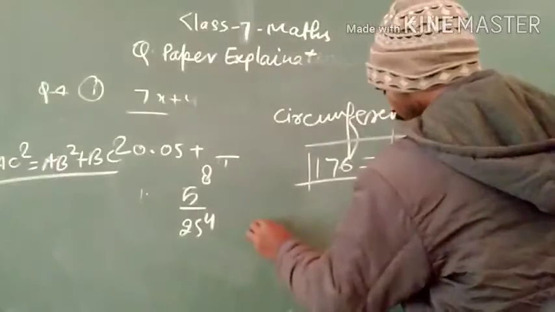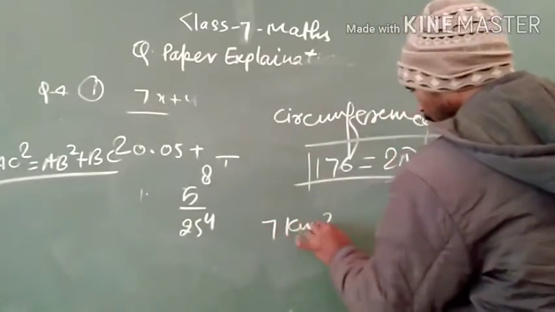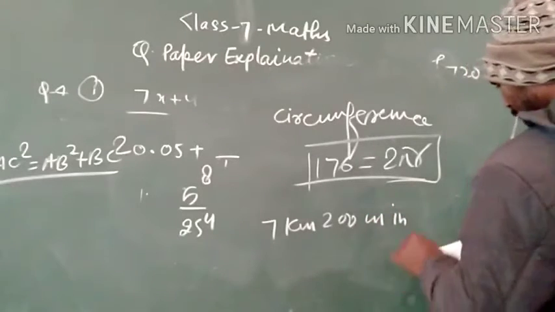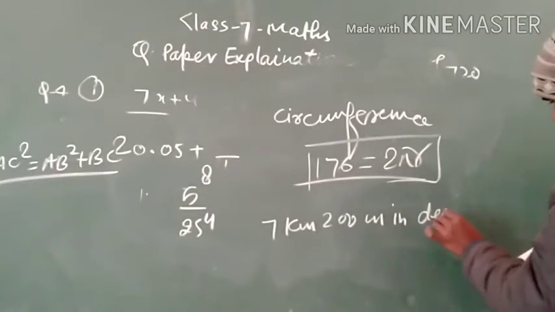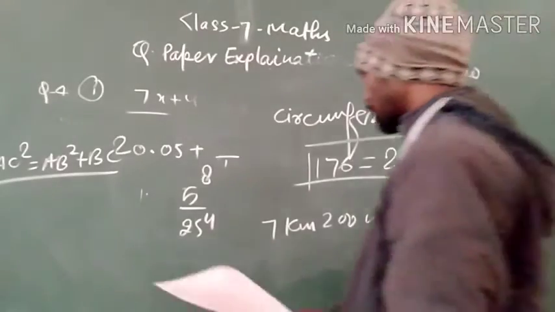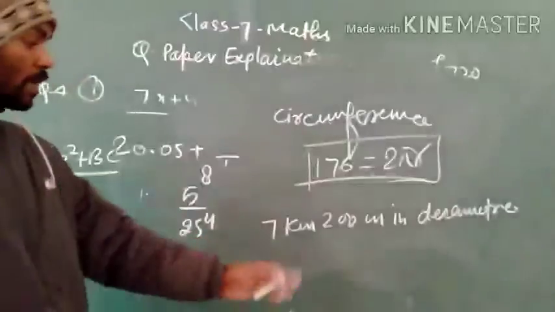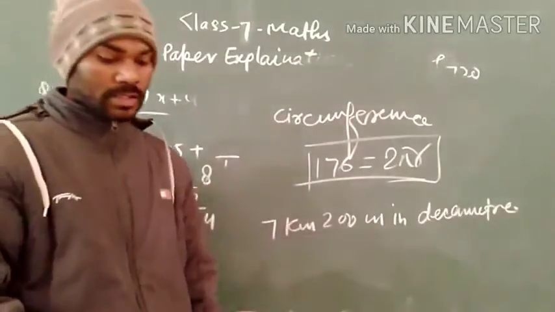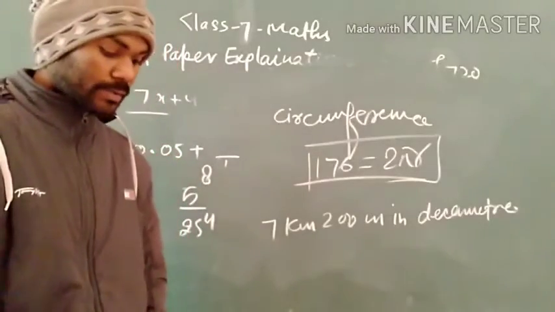You have to convert 7 kilometer 200 meter into decameter. I hope that you can solve this. Just convert them by multiplying by the suitable multiple. You can convert this into the required unit.